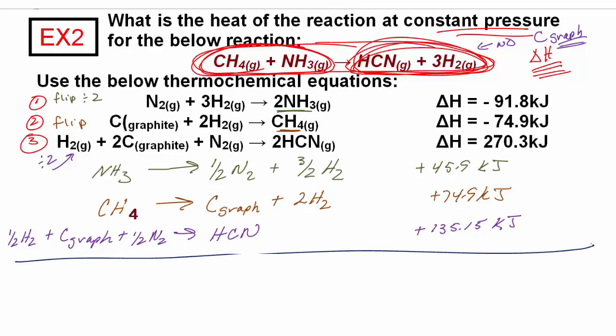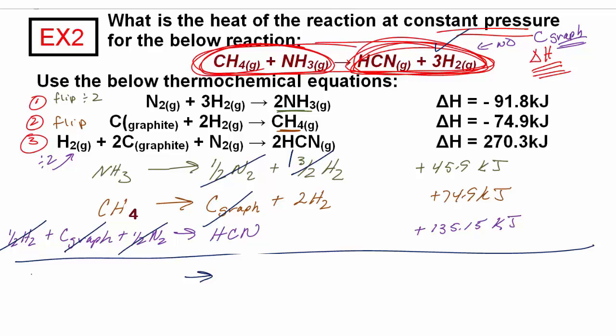So if I add everything up, let's see if this works. C graphite canceled. My nitrogen is gone. This half hydrogen will combine with one of these. I'm just left with a 1. So 1 and 2 would be 3 hydrogens. I think it's going to work. Let's try it.